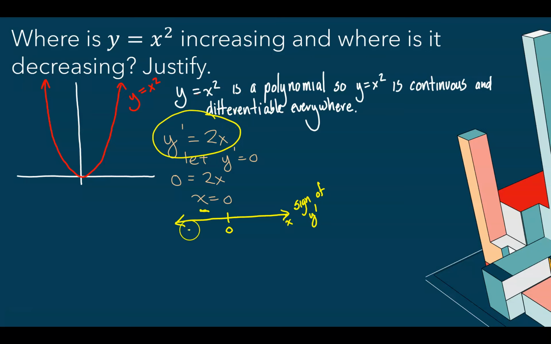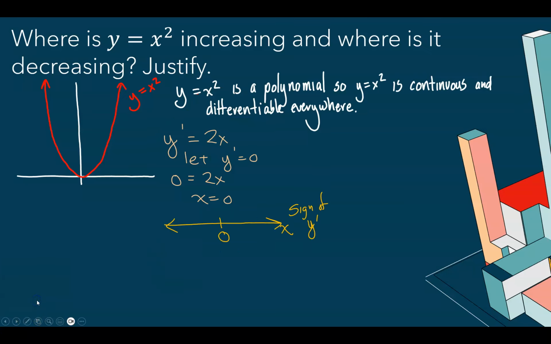So I will, underneath that interval, draw a little line segment with a negative slope to give me a visual indication of that. Now choose any x value greater than 0, like 2 times 1, 2 times 10. We're putting those into y prime. We get a positive, which means y prime is positive on that interval, and x squared increases on that interval. Okay, I have a prettier version, so I'm going to delete that.